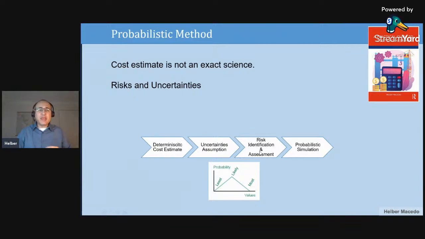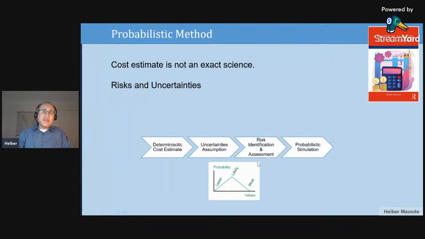But in the same way, you have not only uncertainties that can affect your project, you can have risks that can happen. Something can break during the construction, or there could be an accident, or one supplier can delay the delivery of the equipment.